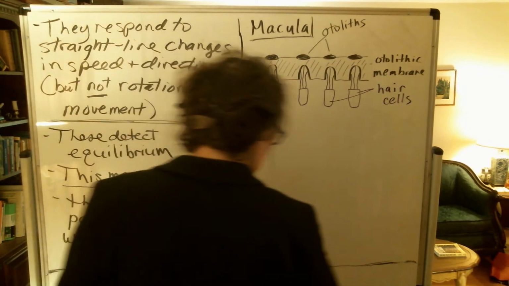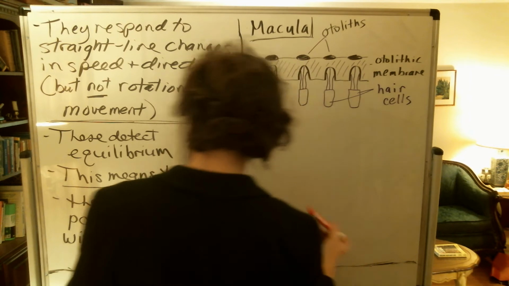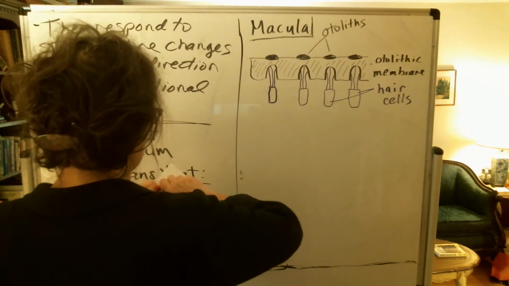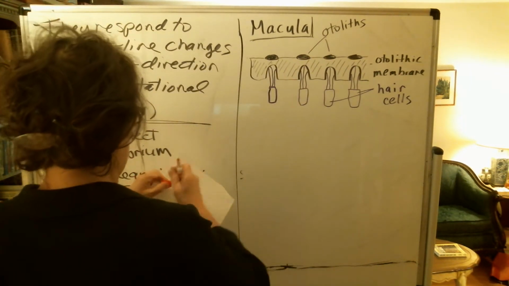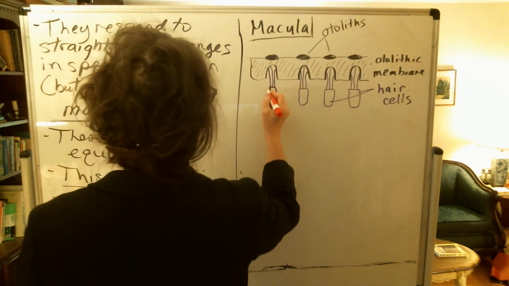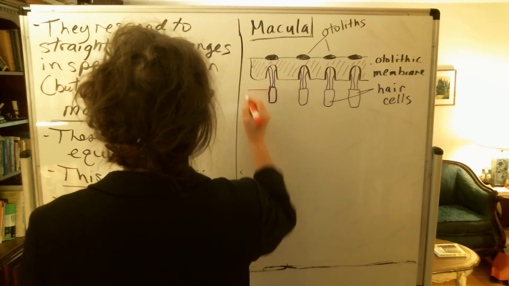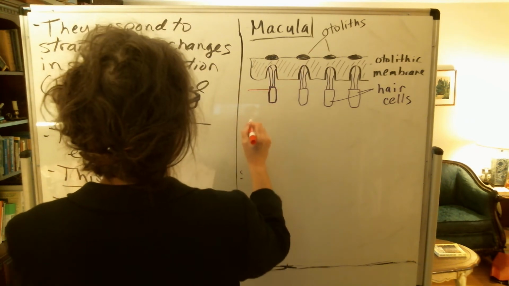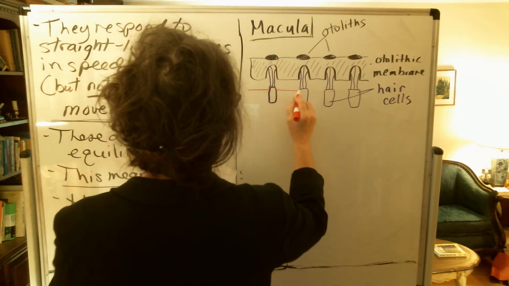And then surrounding the hair cells are a bunch of support cells, which I'm just going to indicate here with some red, so you kind of know where they are.